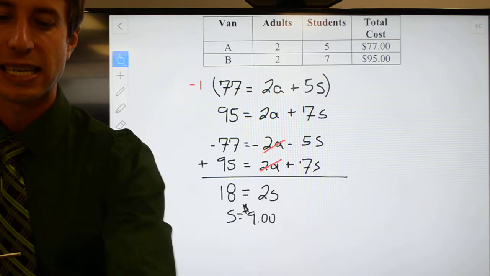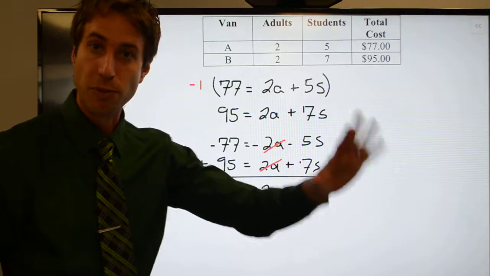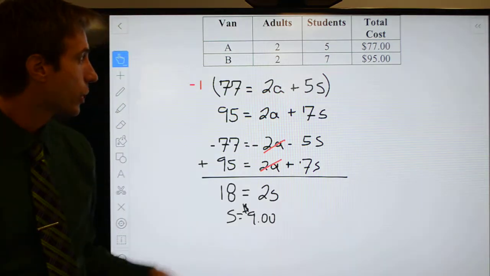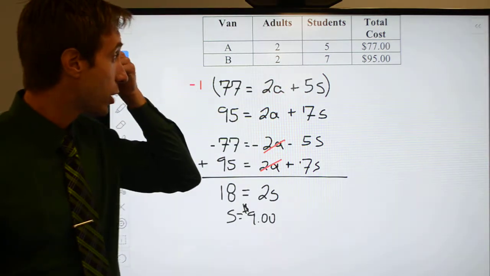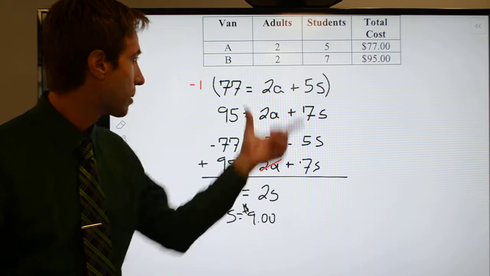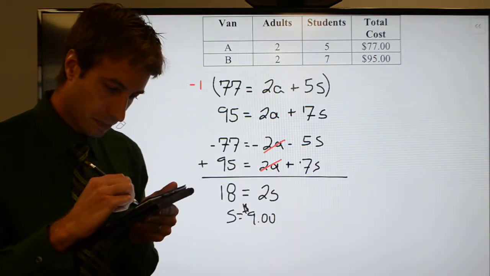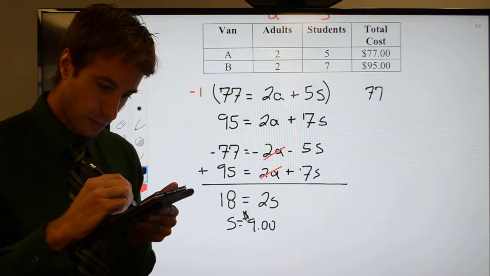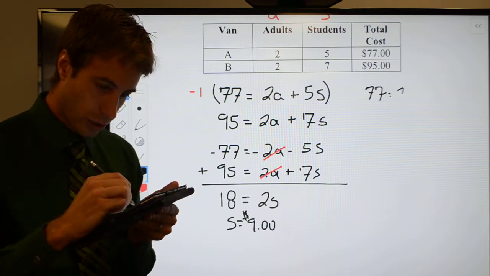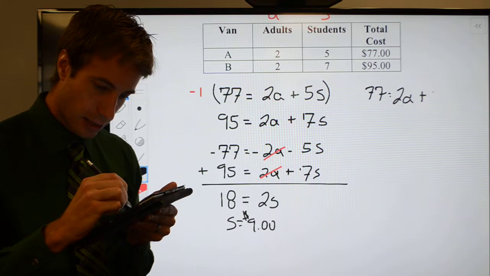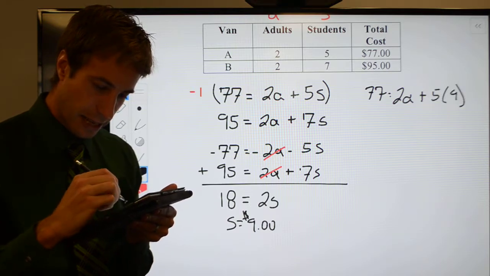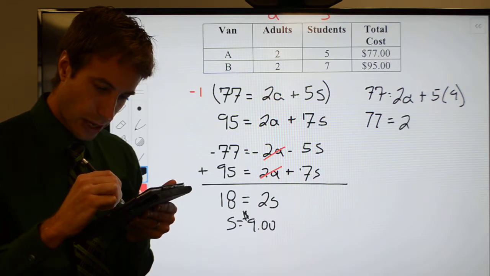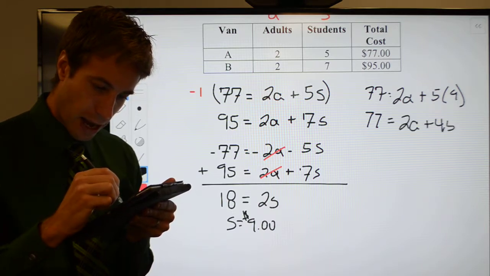But now what I need to do is find the price, because I asked for both. What is the price for an adult and what is the price for a student admission? So we go back and choose one of those equations. Doesn't really matter which one you pick. Maybe I'll go with that one. We do 77 is equal to 2a plus 5 times 9, which means 77 is equal to 2a plus 45.